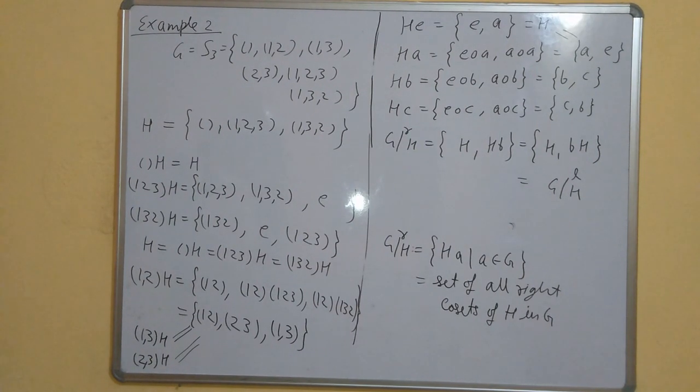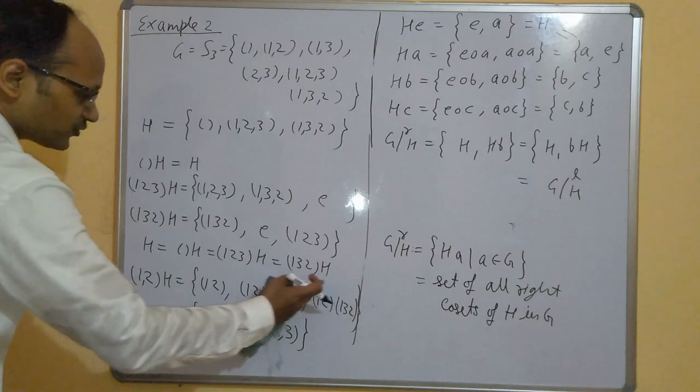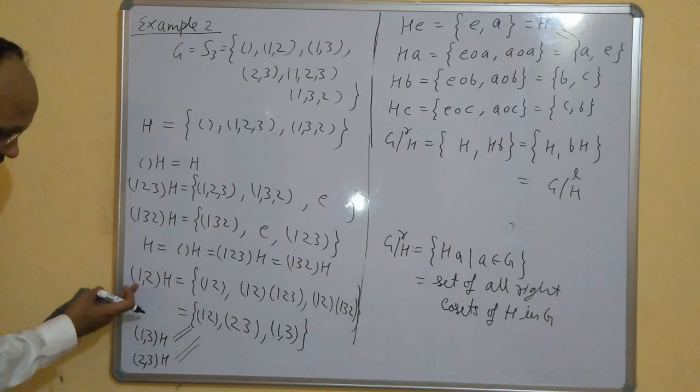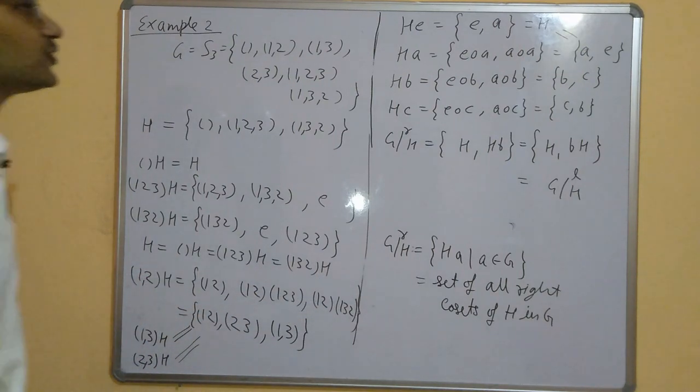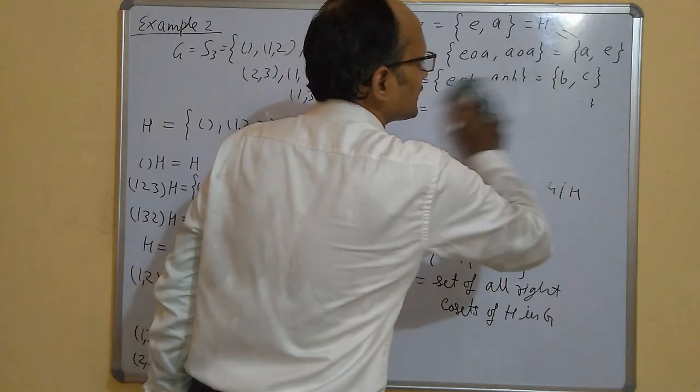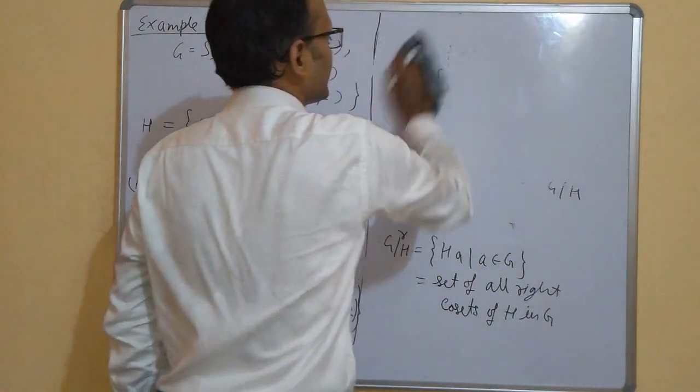So it means when we determine the set of left cosets of H in G, we have only 2 distinct left cosets. You can use either one of them or the other one. So there are only 2 left cosets. So let us write it.